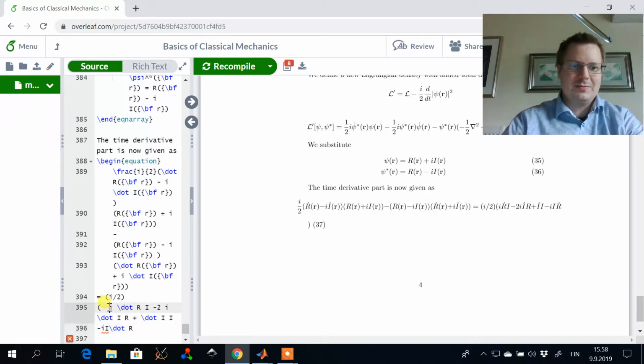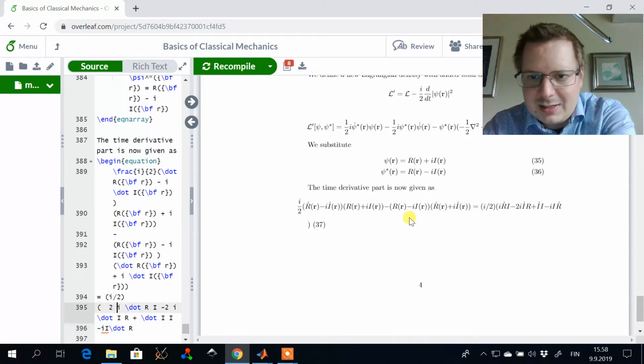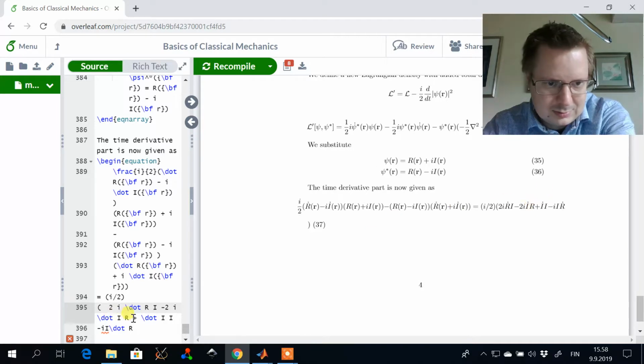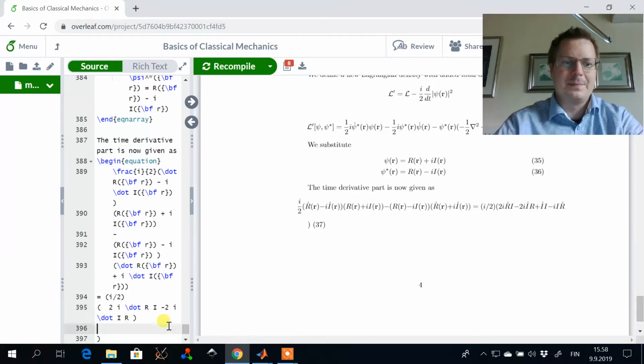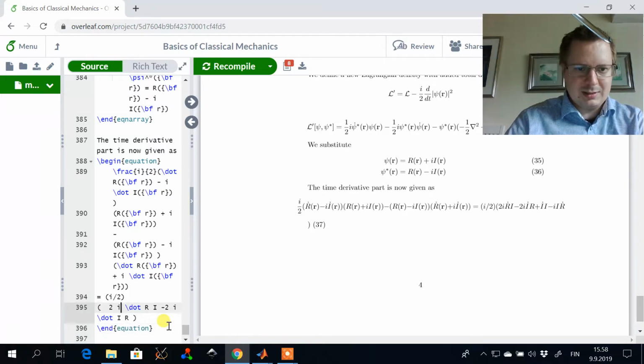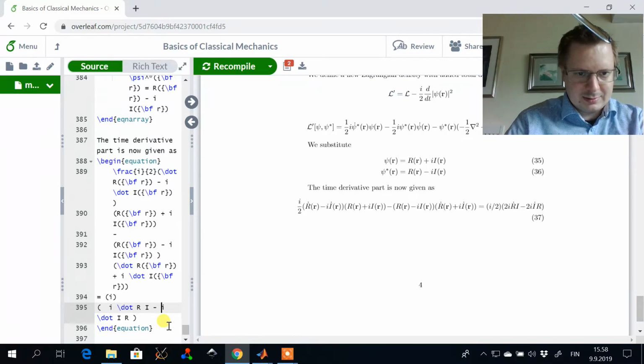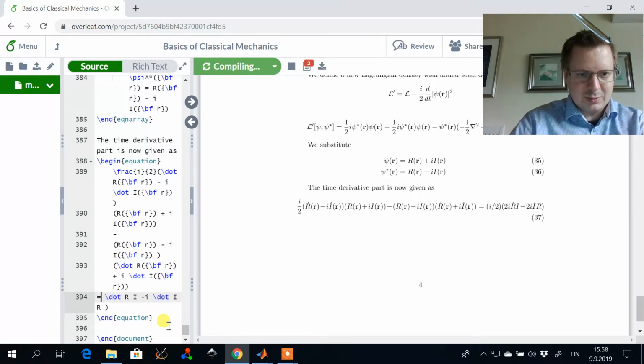So this one also will have a factor of 2, and then the last term will be minus I times I and dot I, and that will cancel exactly this one. So I believe this 2 will cancel here and here, and then this I we can cancel as well, so we have minus and plus.